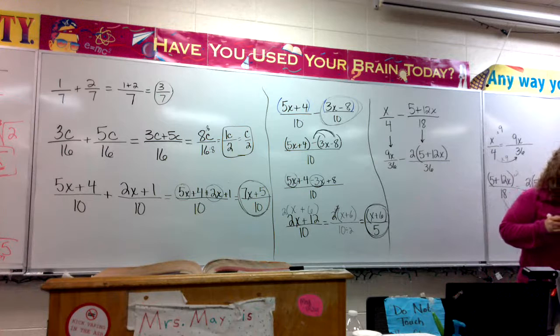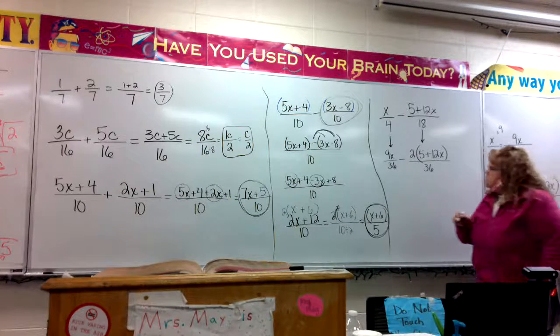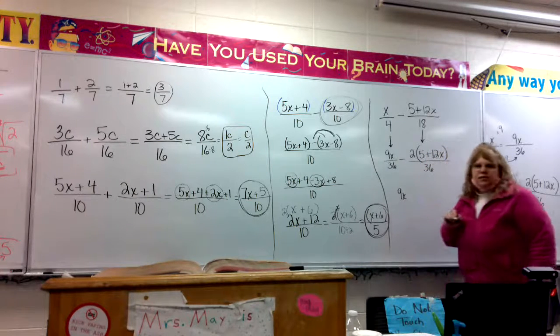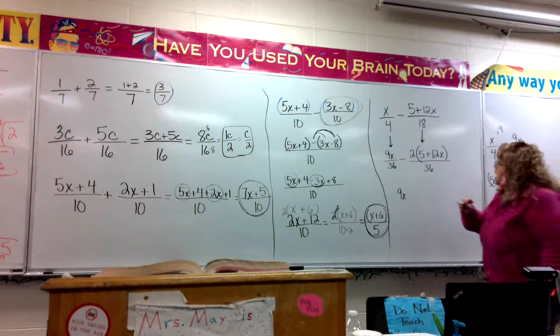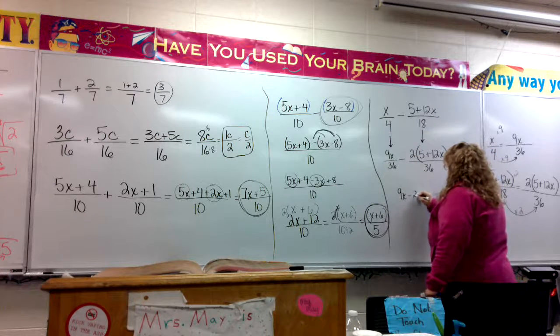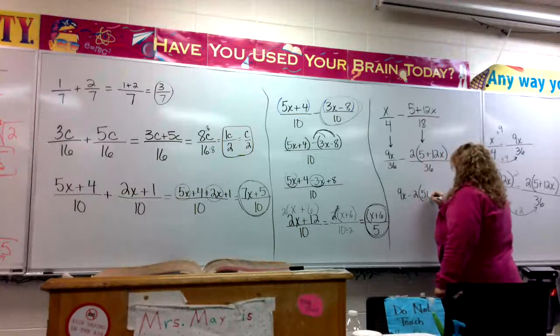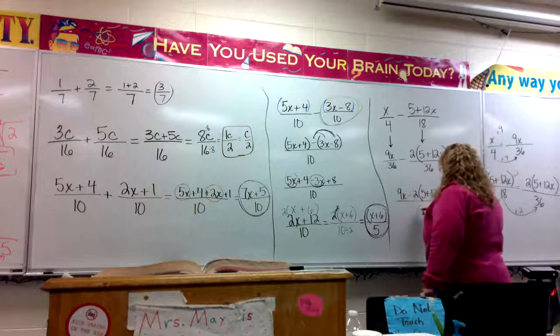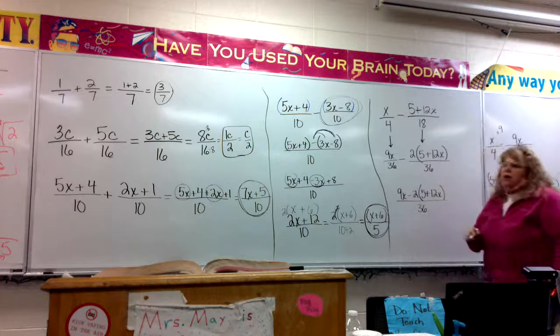Now, if I were you, I would write this out like this. Before I try to do too much in my head, I would actually write out 9x, take away this stuff. See that? I would write it out like that.